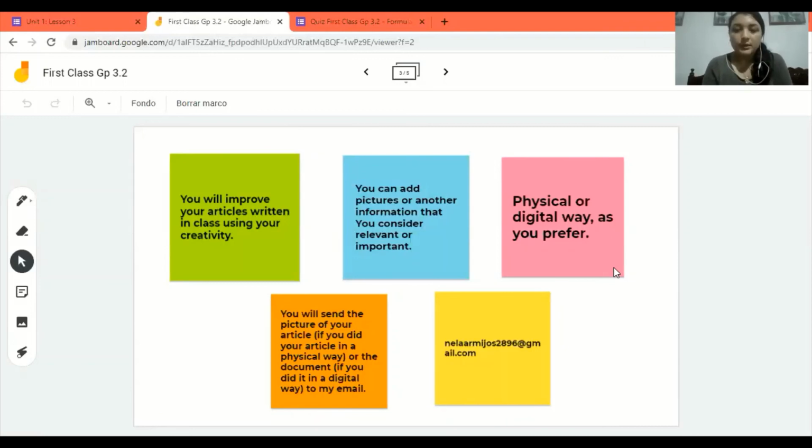And you can do it in a physical or digital way, as you prefer. If you do it in a physical way, using different markers or colors or pictures to add, you have to take a picture of the final result of your article and send it to my email. And if you do it in a digital way, you only have to send it to my email.